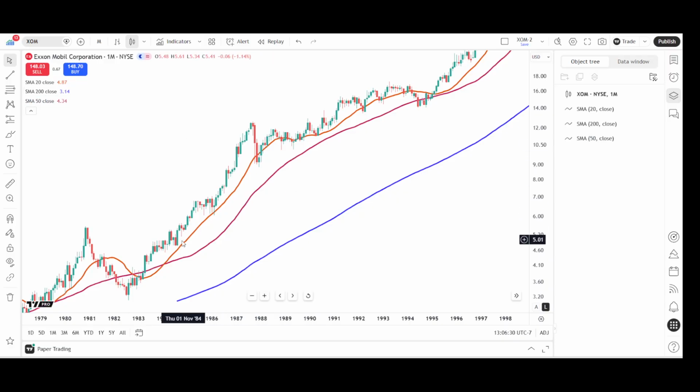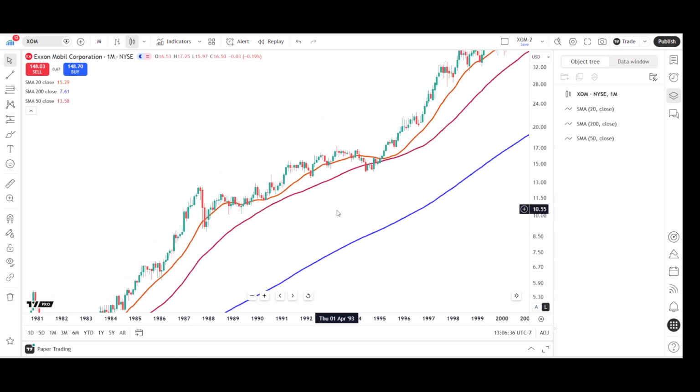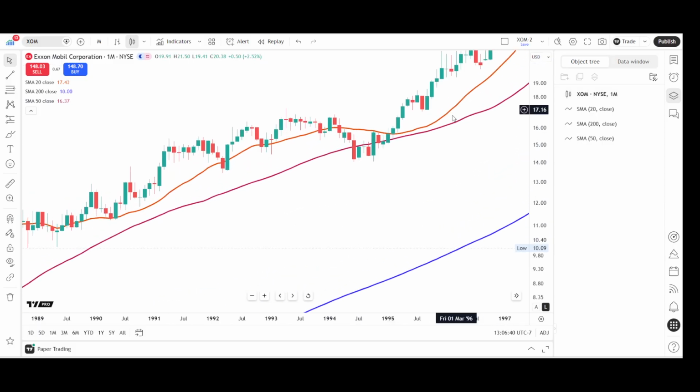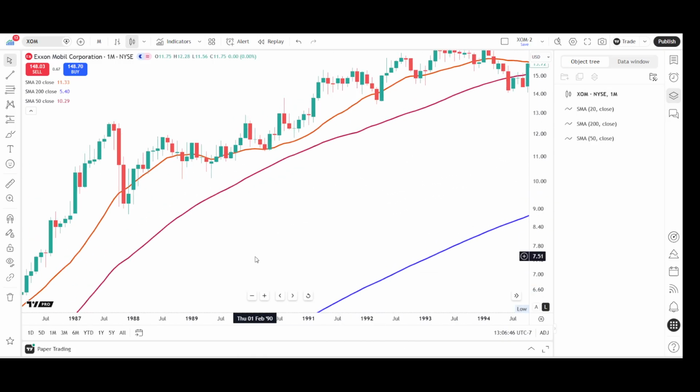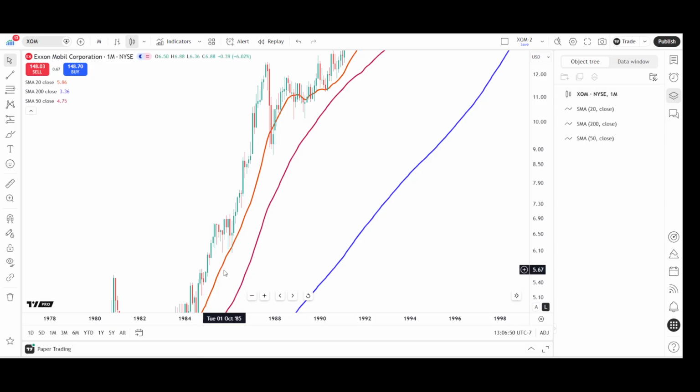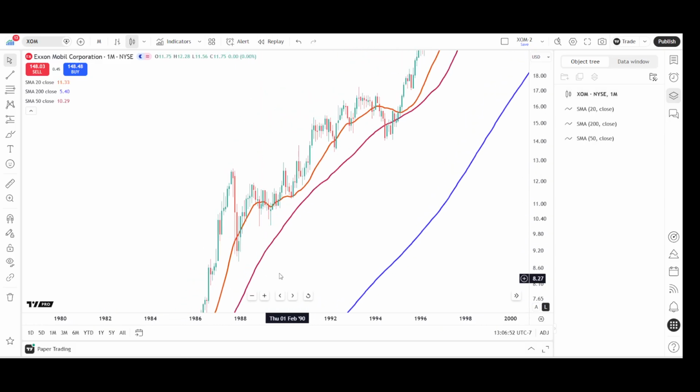So you can see that the 50 acts as a zone, like a no-go zone. And here, when the market kind of went narrow state, kind of comes together with the 50, it broke the 50. But here, it was riding the 20, it never broke the 50, came into the zone.